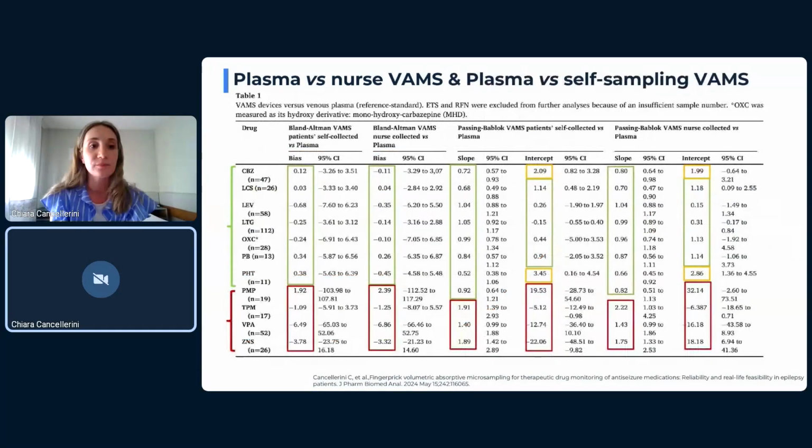So we could demonstrate the reliability and feasibility for 7 drugs out of 13. And that includes lamotrigine, as I showed you, but also carbamazepine, lamotrigine, and phenobarbital.